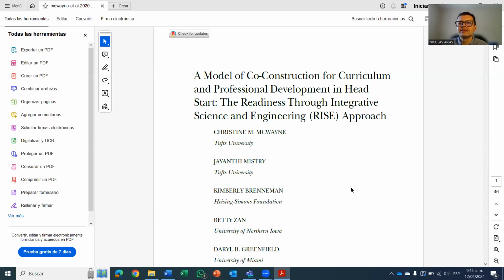And this is what is very important in this article: they have a very straightforward presentation of how they analyzed the data. The article is very extended. You can see that it is a full 46 pages, and maybe half of them present analysis.